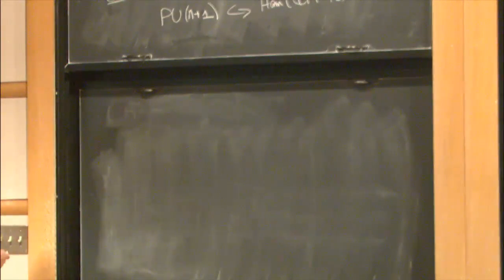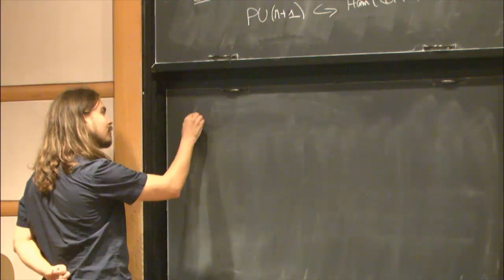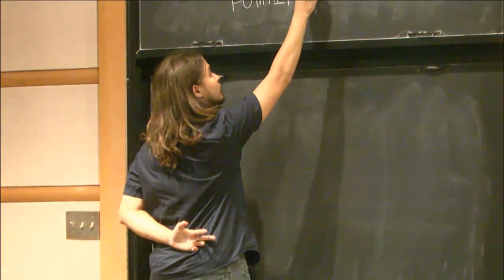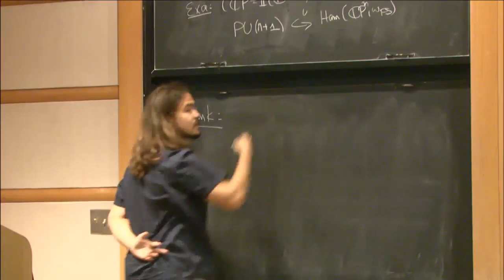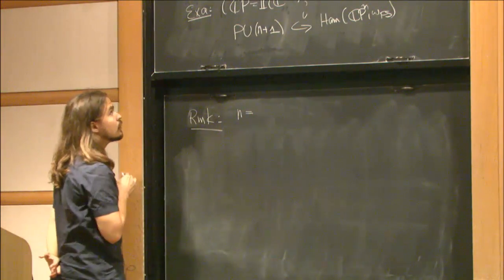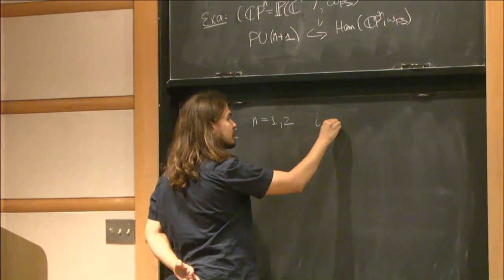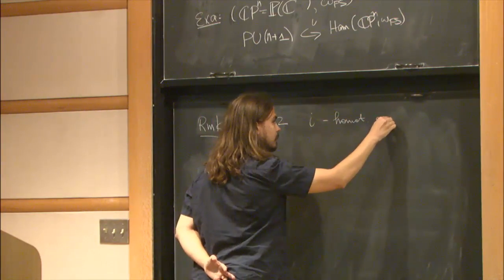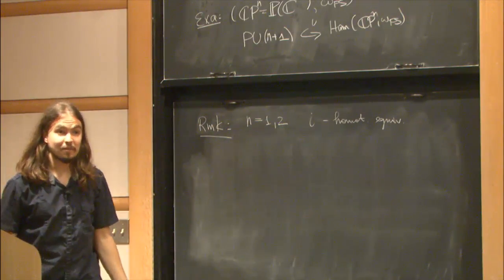So, note, by the way, let's call it iota. For n equal to 1 or 2, this iota is a homotopy equivalence. So the topology is the same.